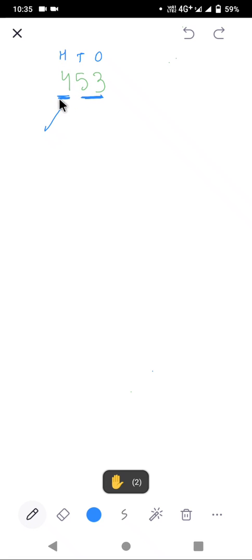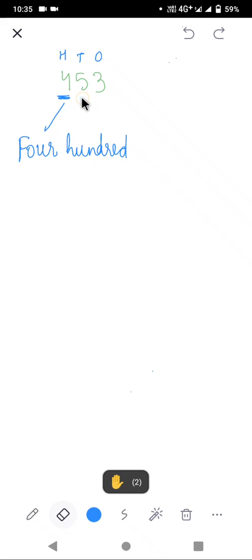In the first part we take only the digit at hundreds place. The digit at hundreds place is 4, and since it is at hundreds place, we need to write hundred also. So, four hundred. No need to put an s here. Not hundreds, only hundred.